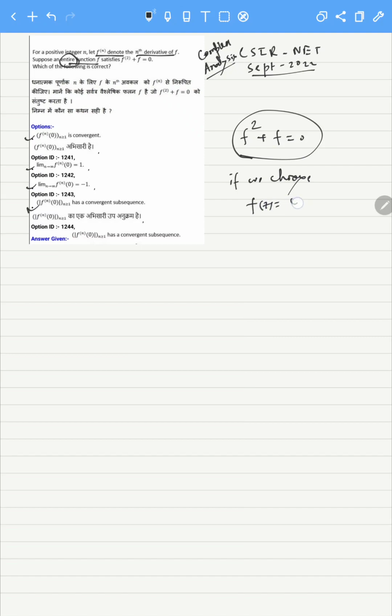So here, if we choose f(z) equal to cos z, you know that this cos z function is an entire function. Entire means analytic throughout on C. So here, what is f^(n)(z)?